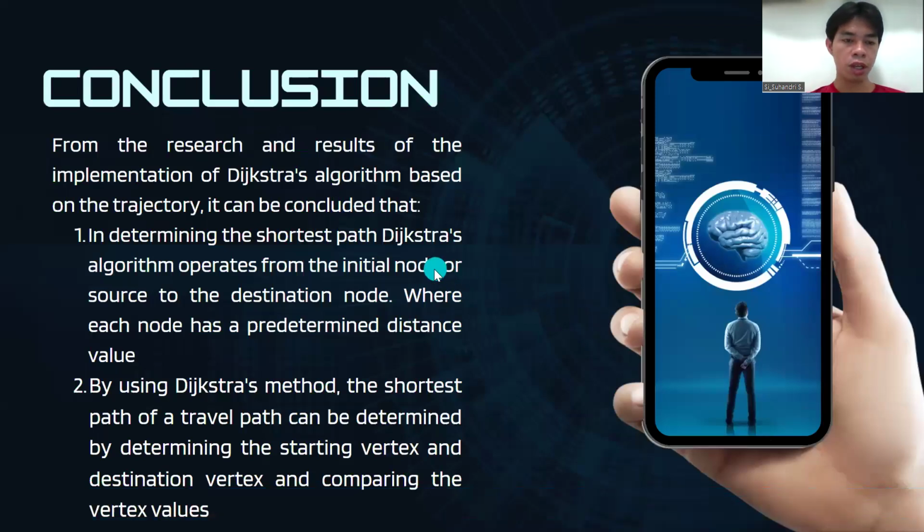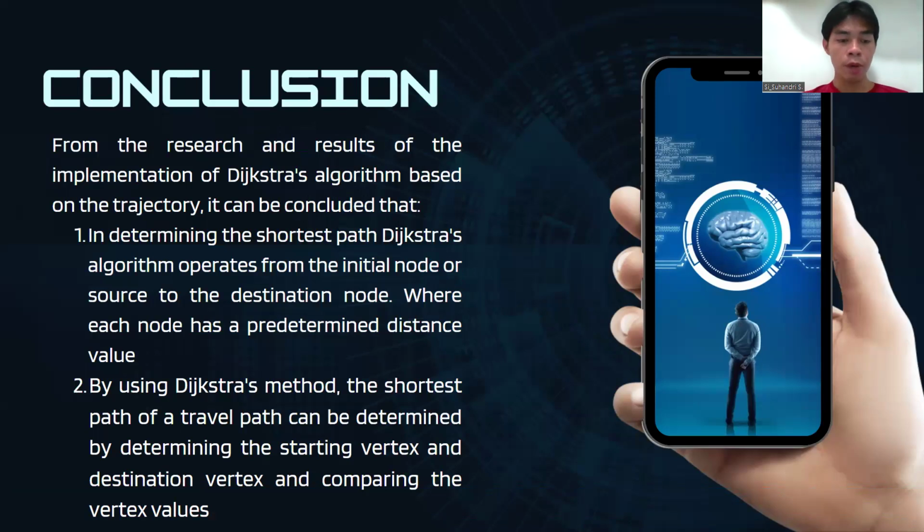Conclusion: from the results of the implementation of the Dijkstra algorithm based on the trajectory, it can be considered that, number one, in determining the shortest path, it describes the algorithm's operation from the initial node or source to the destination node, where each node has a predetermined distance value.